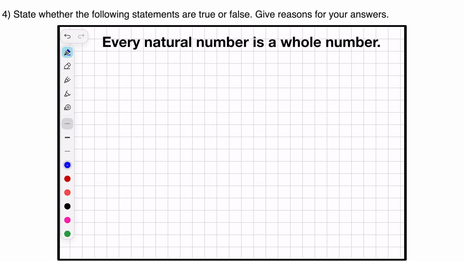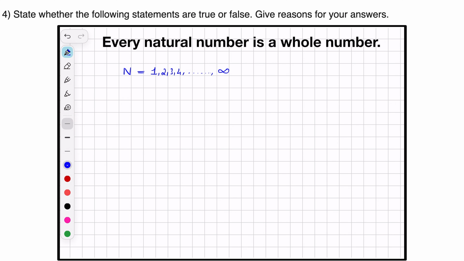So natural numbers are represented by the capital letter N, and we have numbers starting from 1, 2, 3, 4, and it goes all the way up till positive infinity. So every number in this particular set of natural numbers, 1, 2, 3, is also a whole number. Why? What is the set of whole numbers?